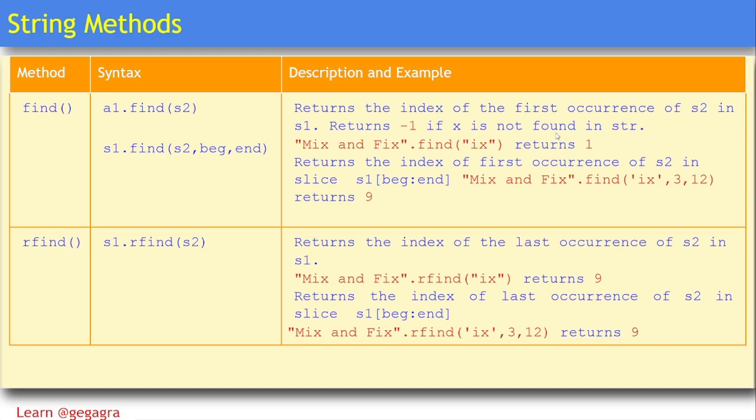Why? Because you have to start from 3. So 3 is space, 3, 4, 5, 6, 7, 8 and 9. So at index number 9 ix is available. It is finding from right to left, but the index is counted from left to right. Now I'll take you to the Colab notebook.